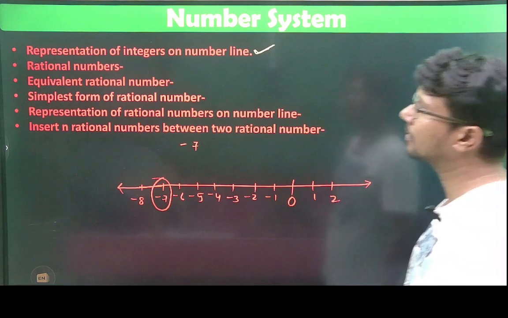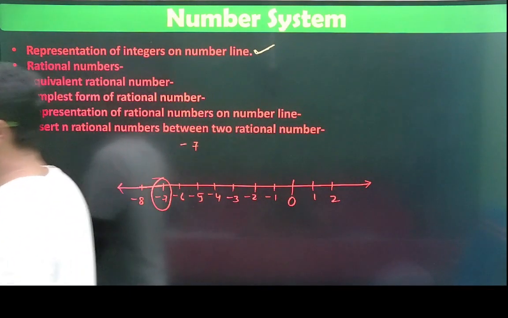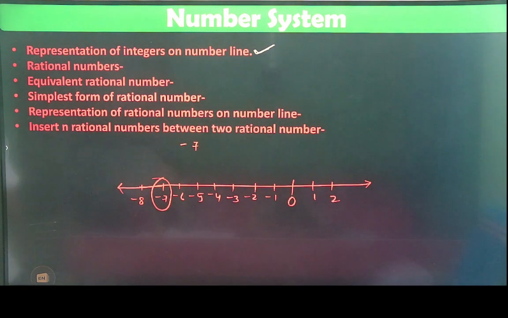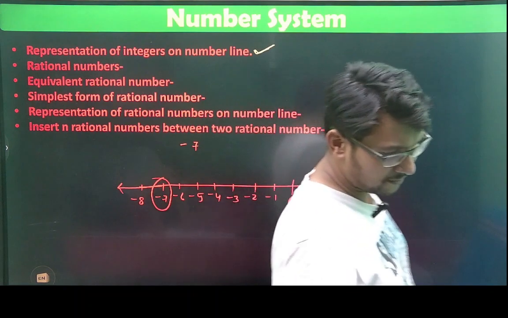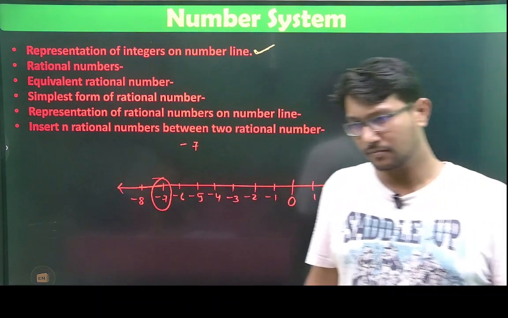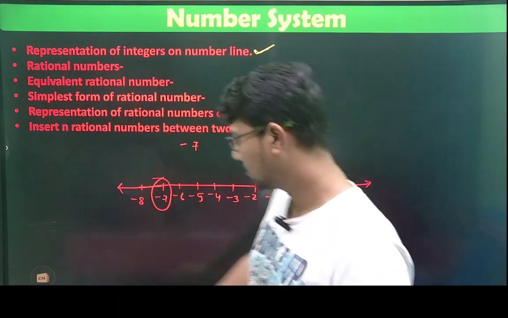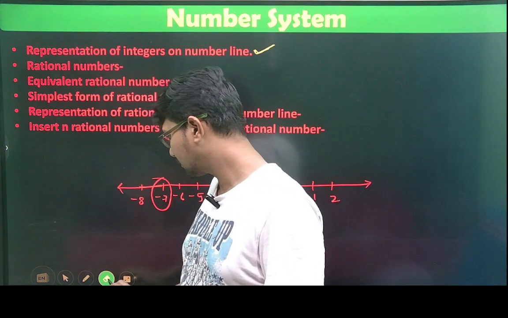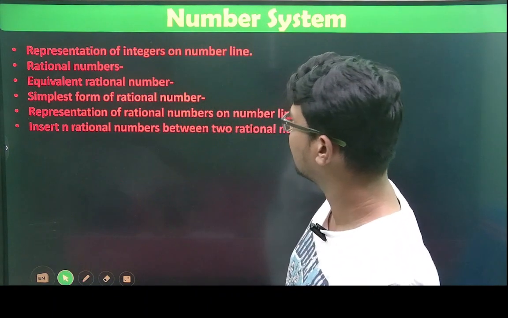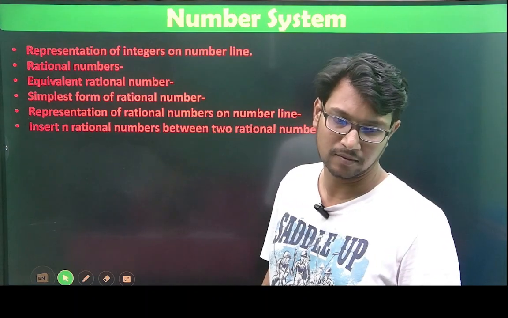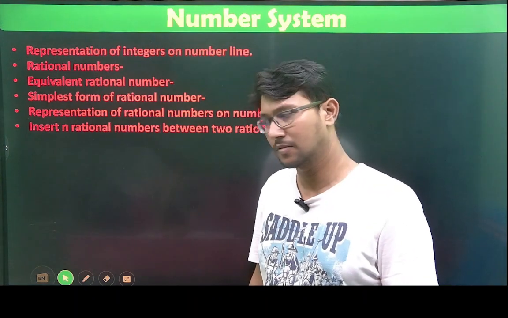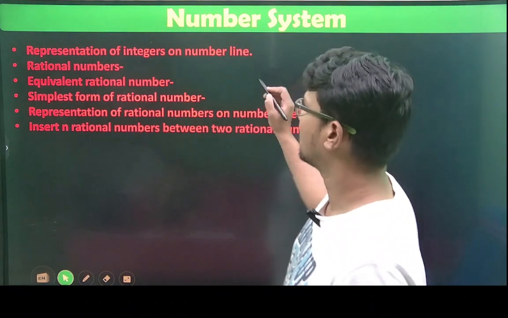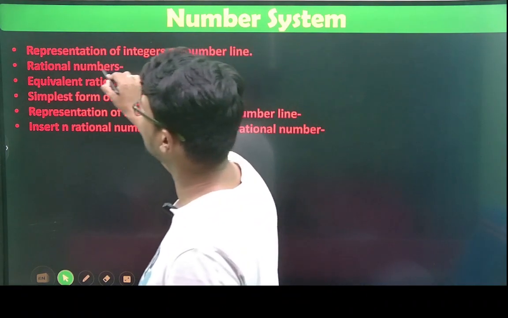Okay. Next is rational number. What is the definition of a rational number? Very good. It is just a recap, right?